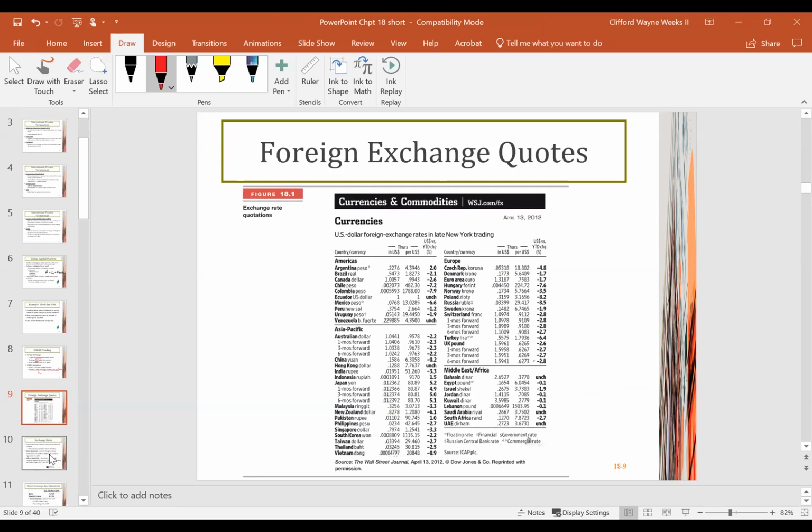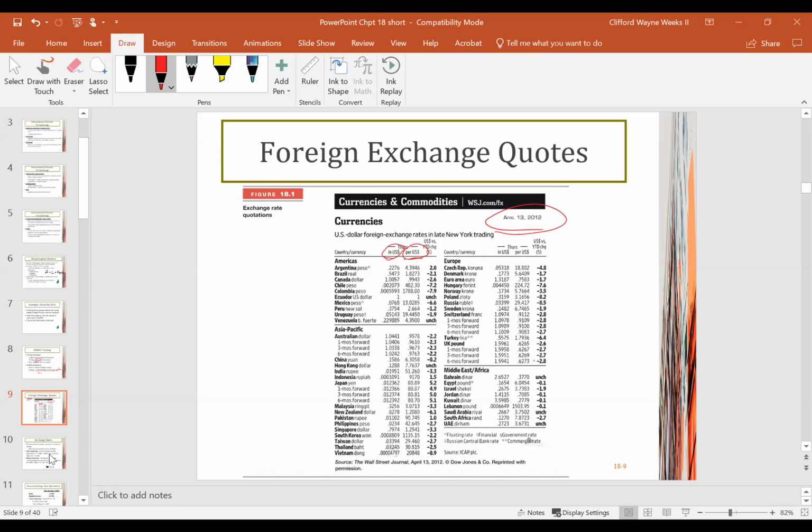Before technology, I usually had to look these things up in the Wall Street Journal. One of the downsides, however, was that it was published in the past. This one was published way back on April 13th, which is funny because today is April 13th, but this was in 2012. It shows the exchange rates in US dollars, or per US dollar.